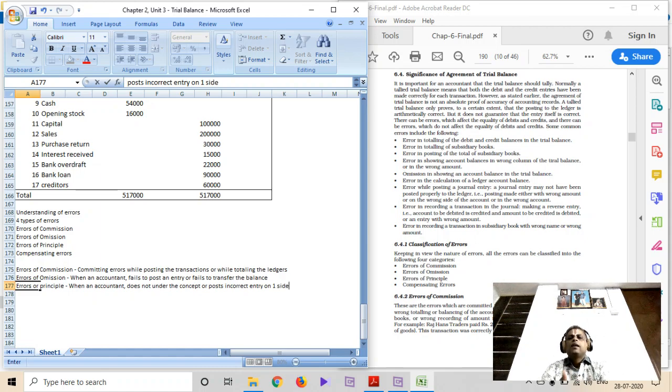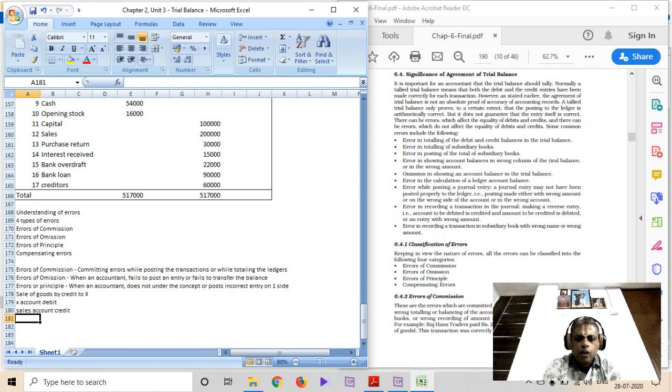For example, when we sell goods, say sale of goods by credit to X, the journal entry should be X account debit and sales account credit. This should be the normal entry.